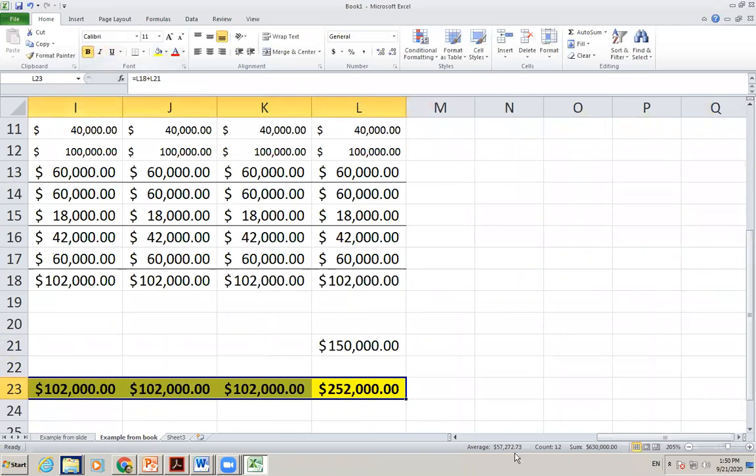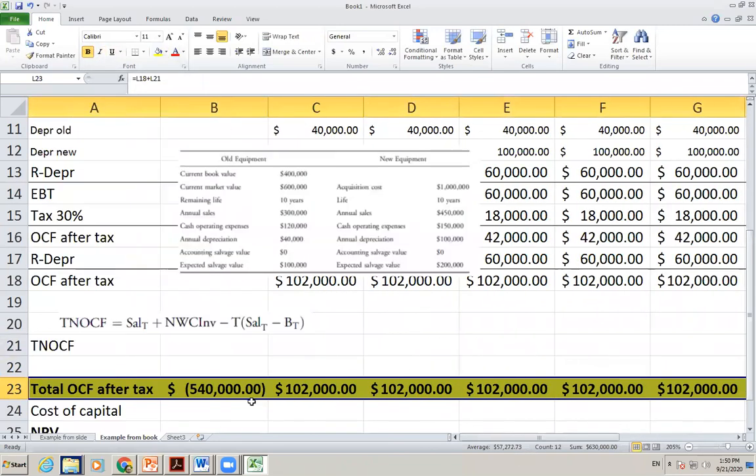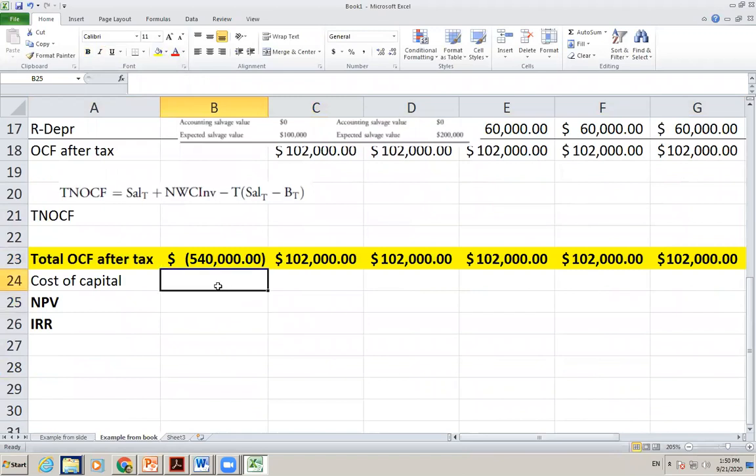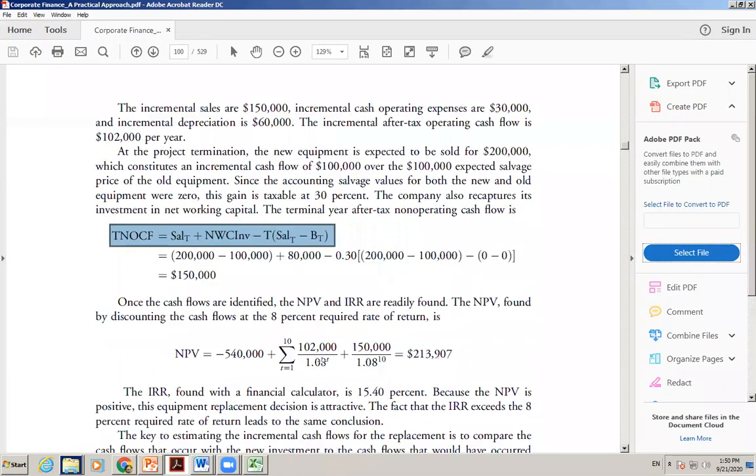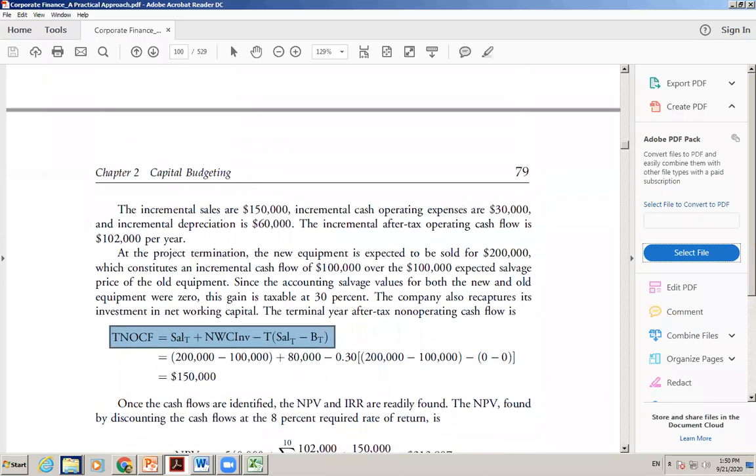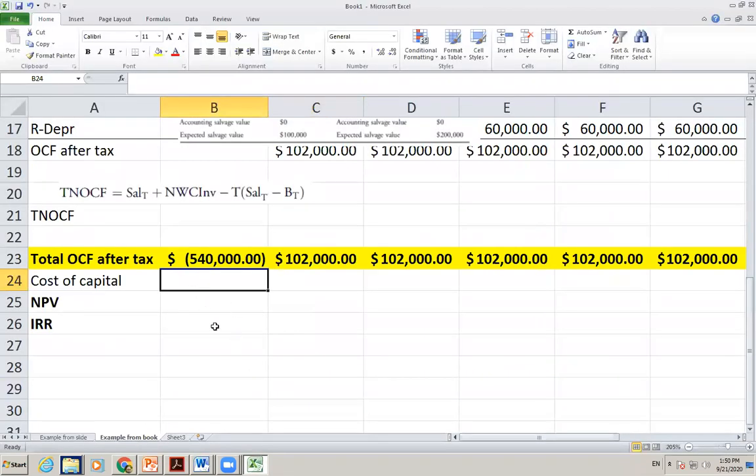This is what we have been looking for so far. So the cost of capital here is equal to 8%.